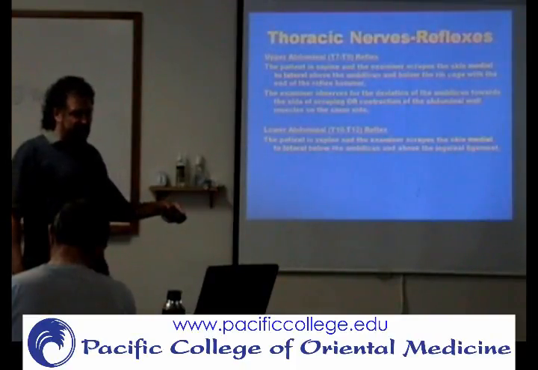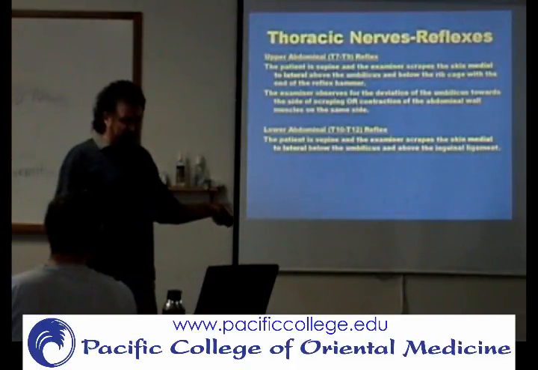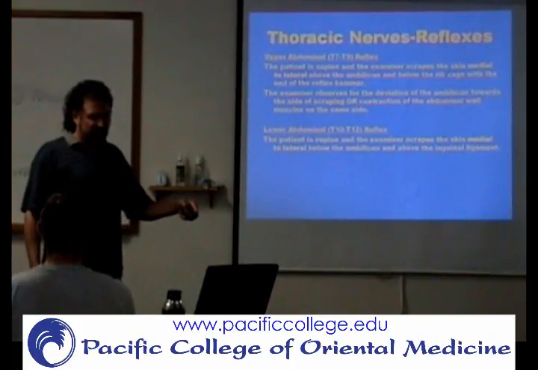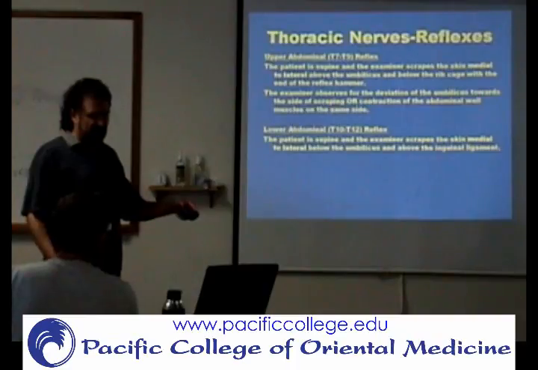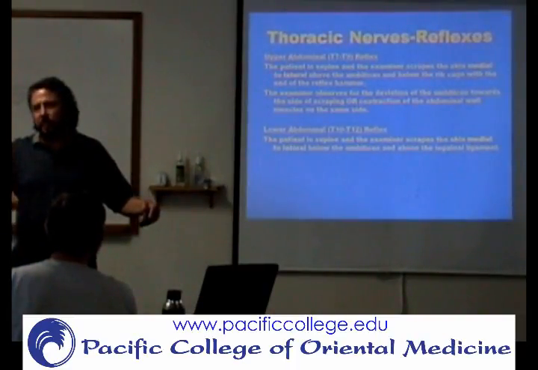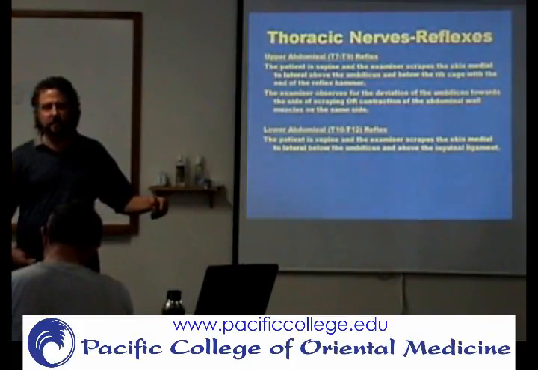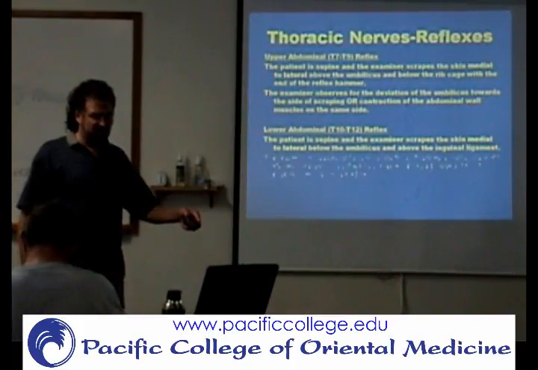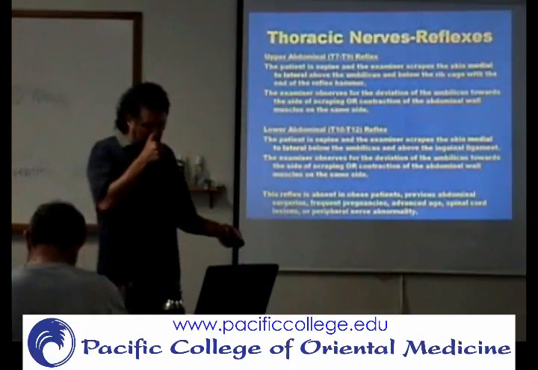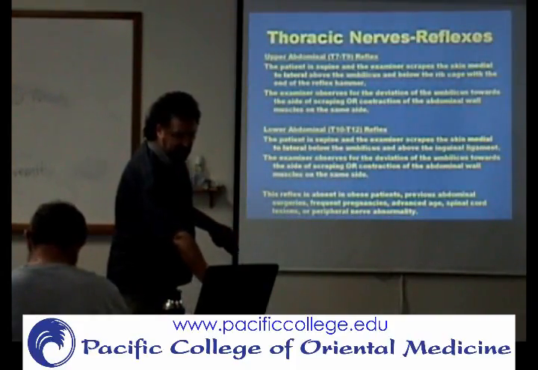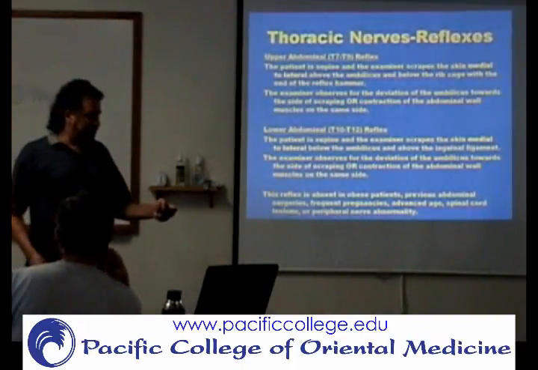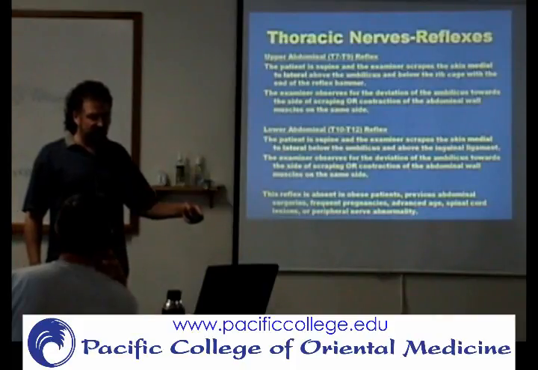T7 to T9 is above the umbilicus, and then T10 to T12 is below the umbilicus. If somebody's had surgeries or has a lot going on in their abdomen, they may not be sensitive enough to elicit that reflex.